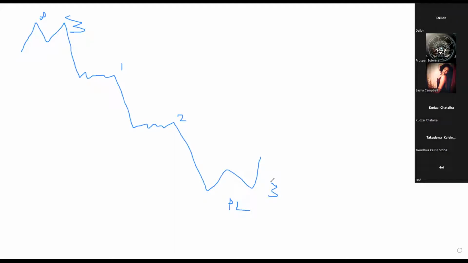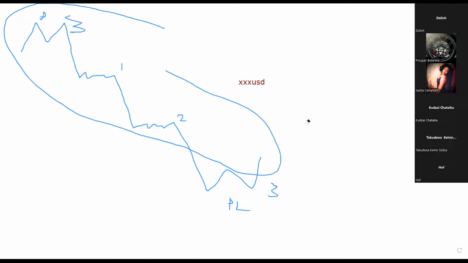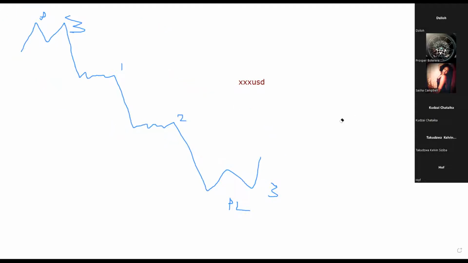But as I have said earlier on, you can actually have 5 pairs, all of them XXX USD, moving in the same direction, but you will realize that even if they are all moving in the same direction, some of them might not be clear, but for some, it will be very clear for you to see that this is the direction it's supposed to move.